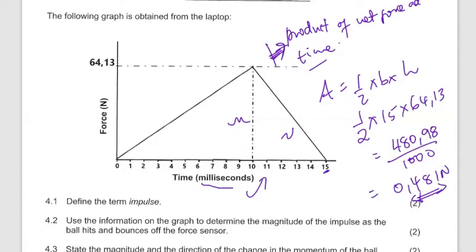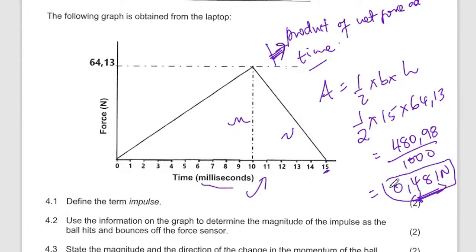Then 4.3: can we state the magnitude and direction of the change in momentum of the ball? The change in momentum is the same as impulse. We don't need to go back to the mass and the velocity.